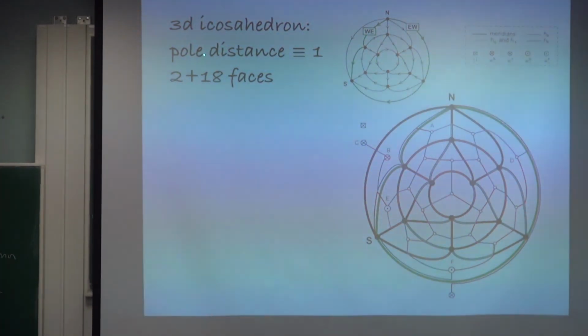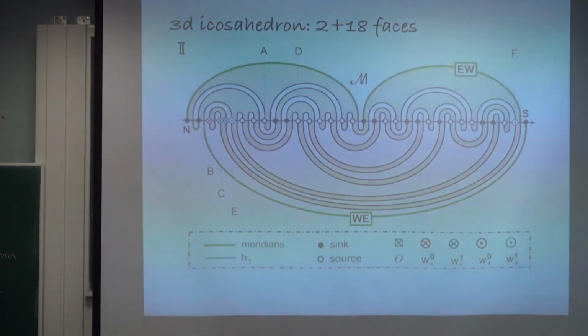We use a 3D icosahedron, and I think the maximal pole distance in this case is actually 1, and the Western Hemisphere can have at most 2 faces, and it does. Here the Eastern and Western Hemisphere are separated by the green north to south meridian, so maybe this goes through Greenwich, and this is the date line, and this is all the rest, and then we have something out here. And what is the meander? The meander looks like this.